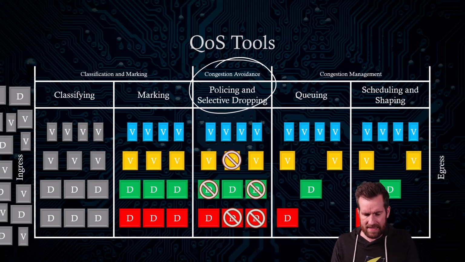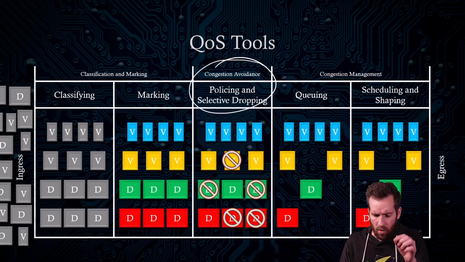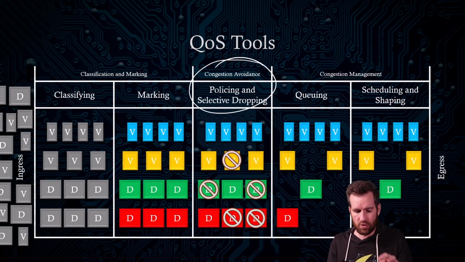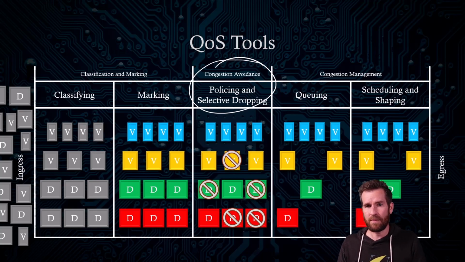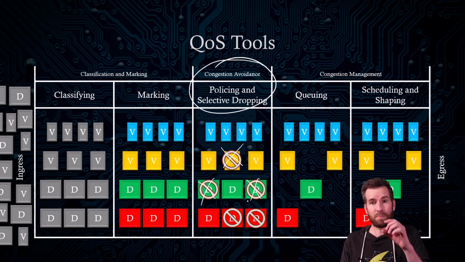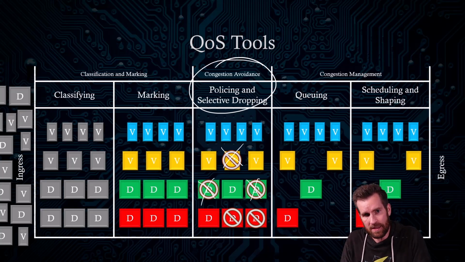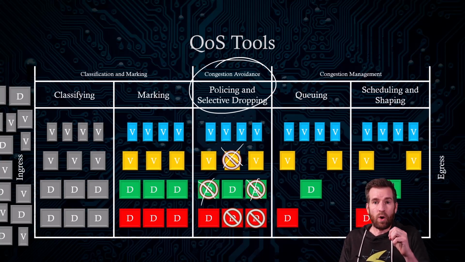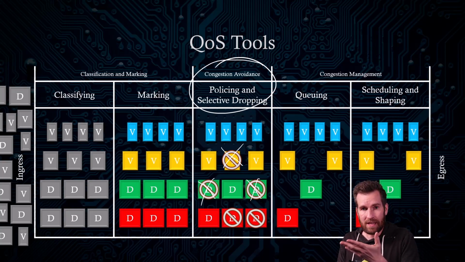Congestion avoidance will allow us to stop certain traffic. There are a couple of different mechanisms that will do this, but essentially we are going to purposely drop some of the traffic to allow other traffic to communicate well, and we won't get those waves.